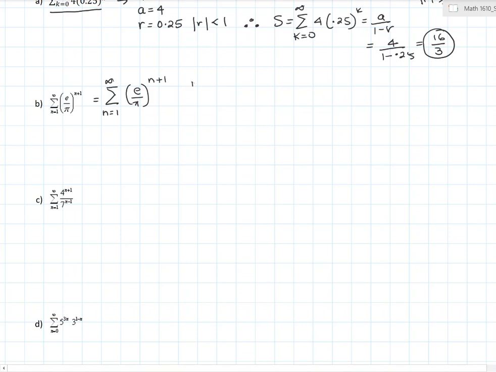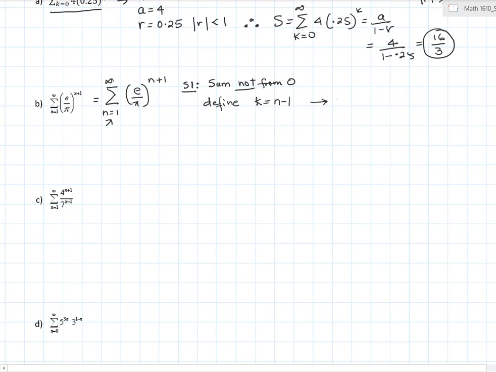Now the first thing, as we said, we must make sure that the sum starts from 0. So here the sum is not from 0. It is starting at 1. So there is a very simple algebraic trick. What you do is you define your index of summation as k, which is n minus 1.